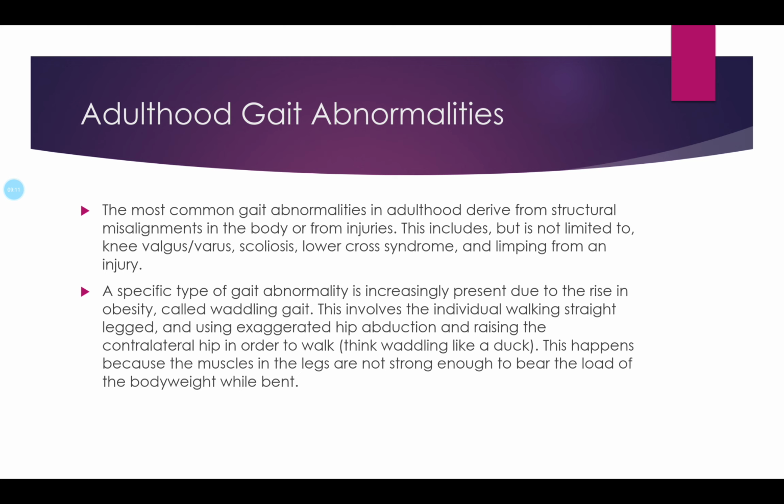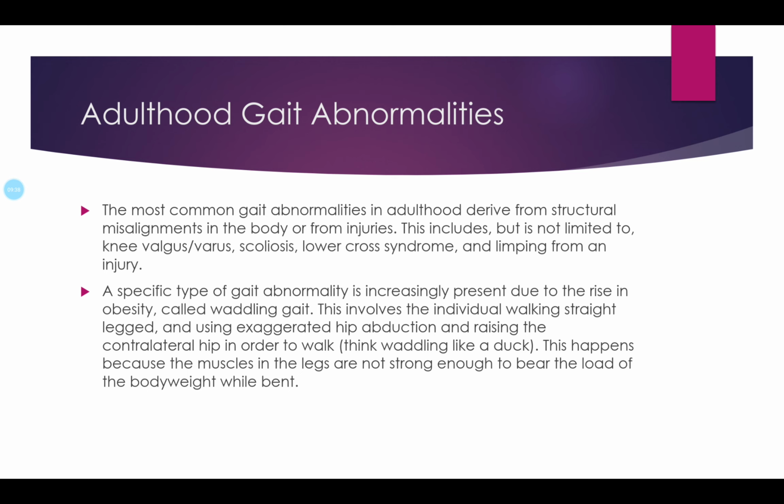Abnormalities. The most common gait abnormalities in adulthood derive from structural misalignments in the body or from injuries. This includes, but is not limited to, again, knee valgus and varus, scoliosis, lower cross syndrome, and limping from an injury. A specific type of gait abnormality that's increasingly present due to the rise in obesity is called a waddling gait.